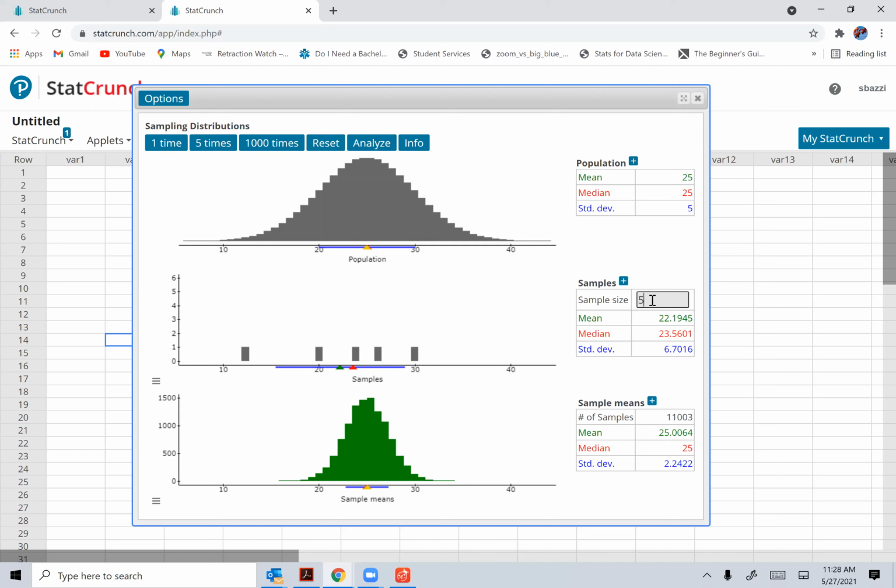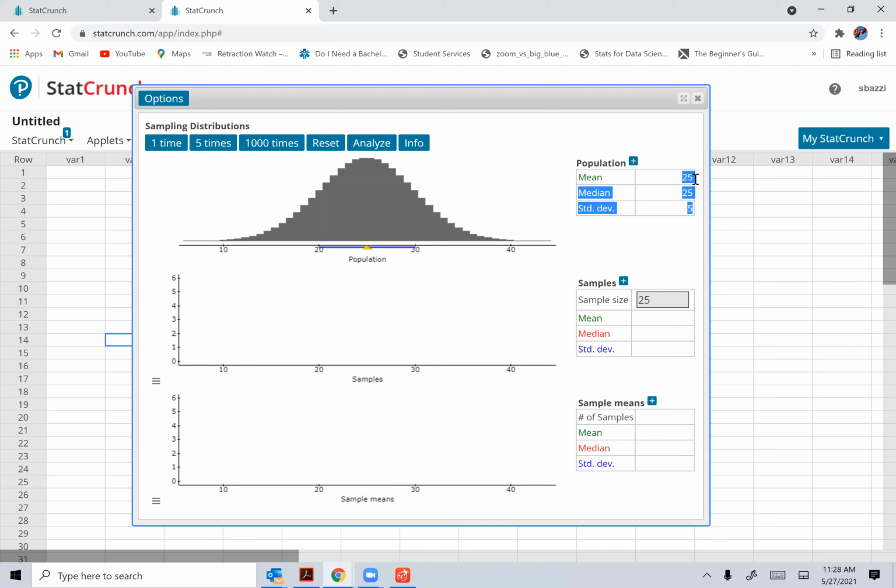Okay, let's do the experiment one more time, guys. And now I'm going to change the sample size. So I'm going to refresh, reset. I'm going to change the sample size, guys, to 25. And if you want me to change the mean, I can change the mean. Let's make it, for example, 60. Oh, I have to go back and change it.